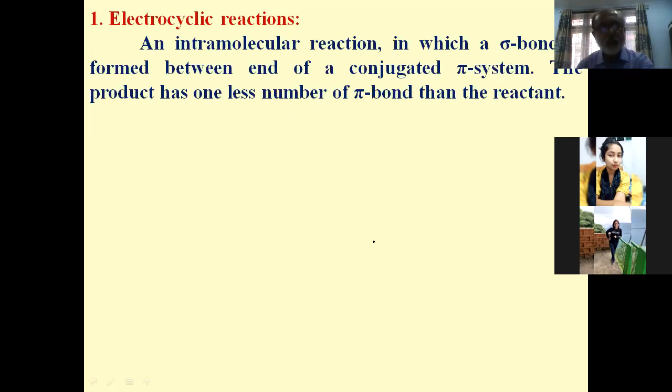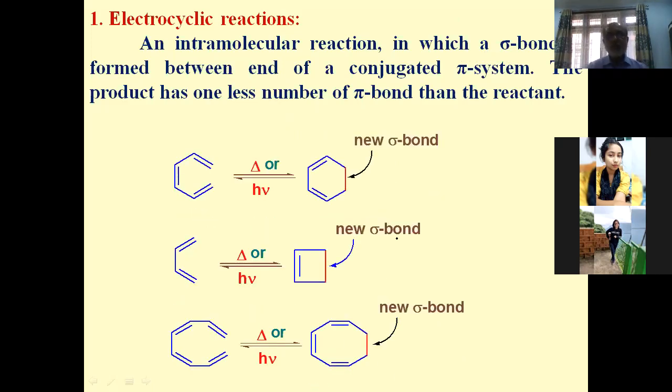If we see here, these are the different examples. We have here, say, a conjugated cyclotriene, with single bonds. So what happens here?